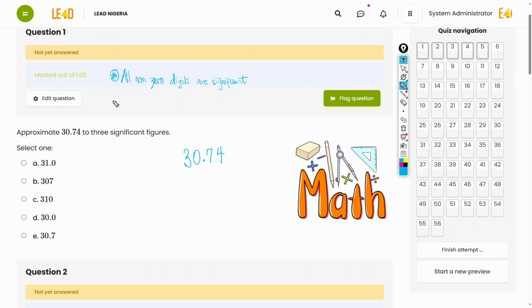The second rule you need to pay attention to is that all zeros between non-zero digits are significant.